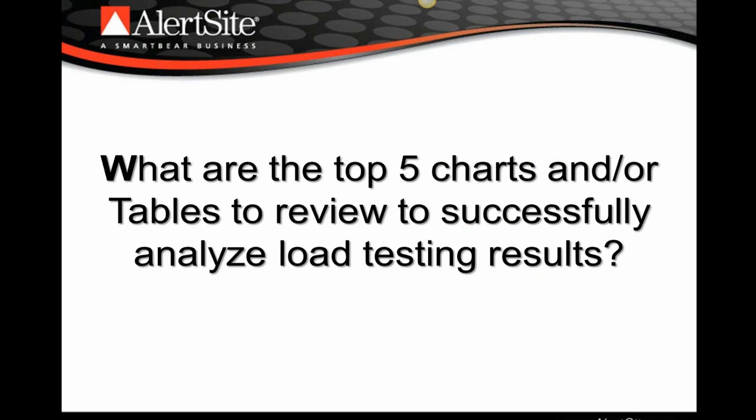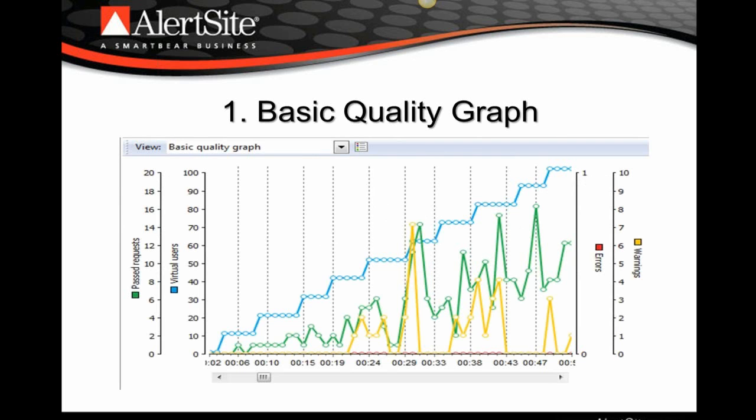Now, the top 5 charts and tables to review to successfully analyze your load testing results. The thing that I think everybody most closely associates with a load test is a basic quality graph. A basic quality graph, for the most part, shows you the number of users or virtual users.